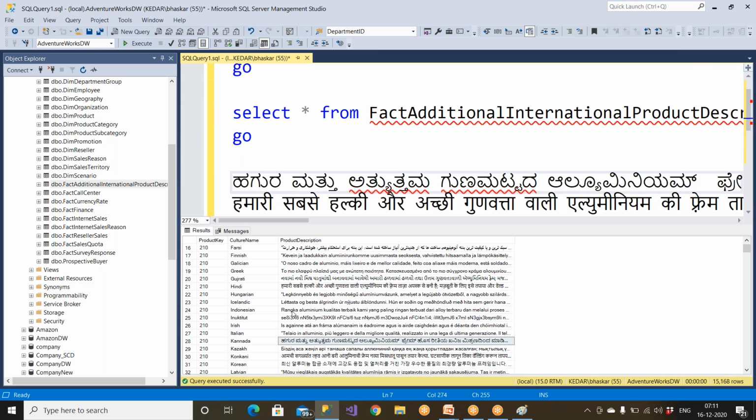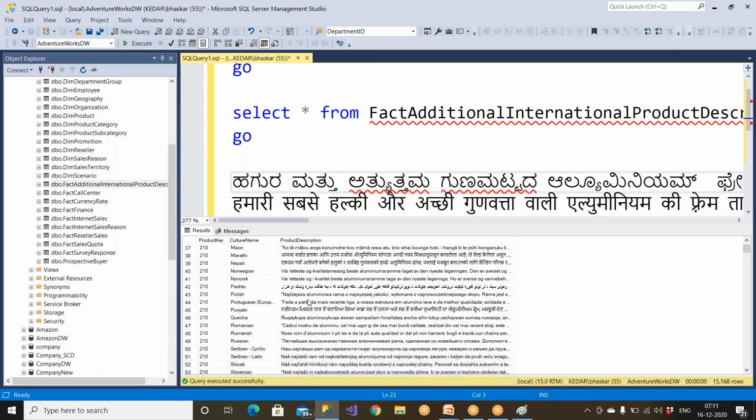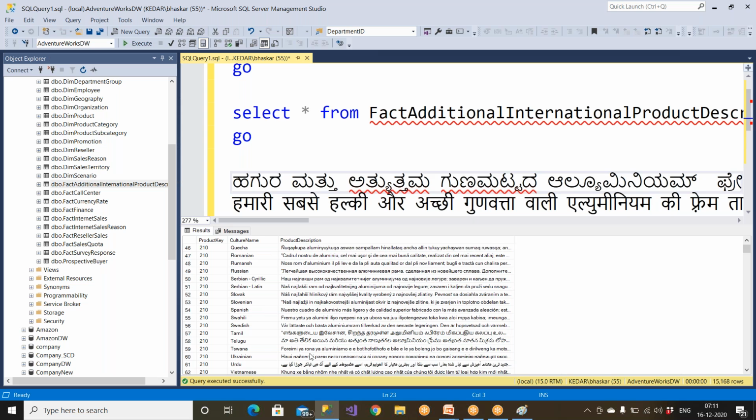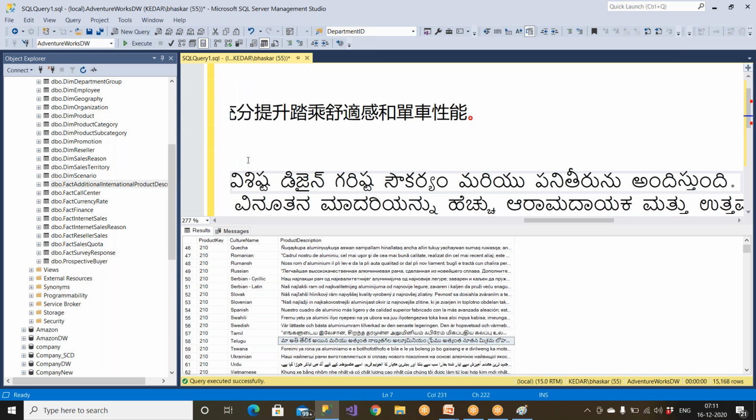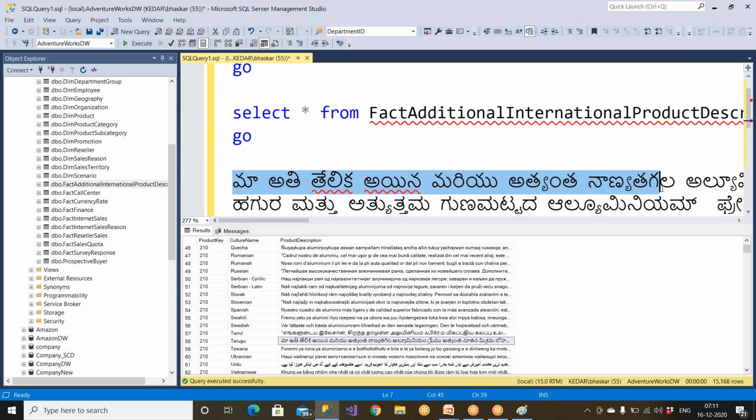And I'll show you my script. Even Microsoft is giving all this. This is my own language. This is what we speak in our state. Have you read this? I think most of the people can read it. I did not store this at all.